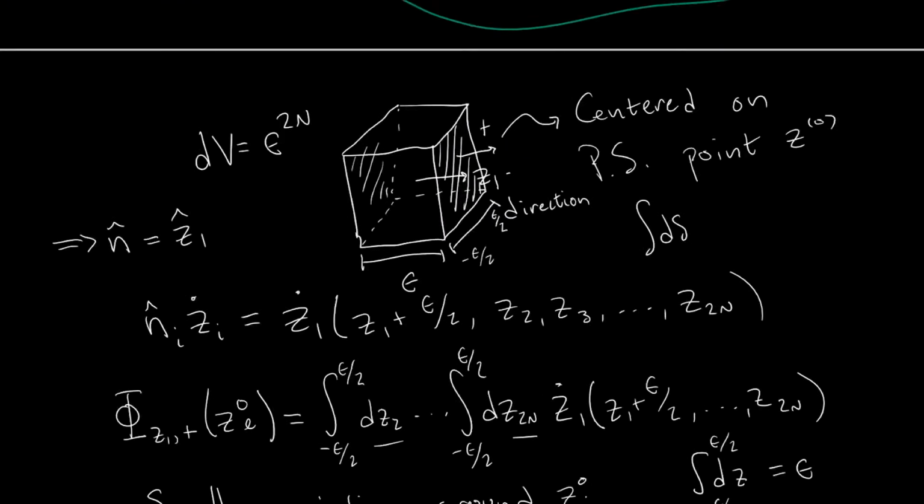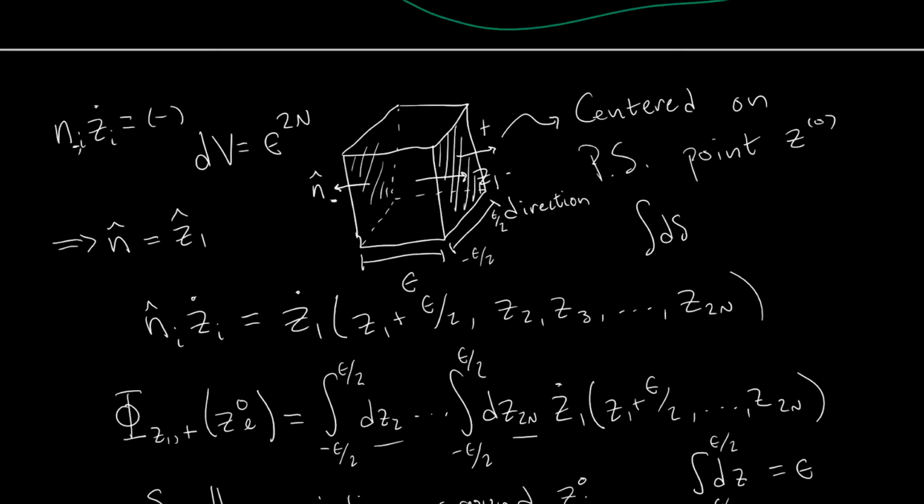So now let's do the opposite face. Okay. If we define our ż vector, it's not always going to be pointed in the positive direction, but we'll define it so that if we have some n hat pointed out this way, n_i ż_i is going to be negative in this case, n minus here.